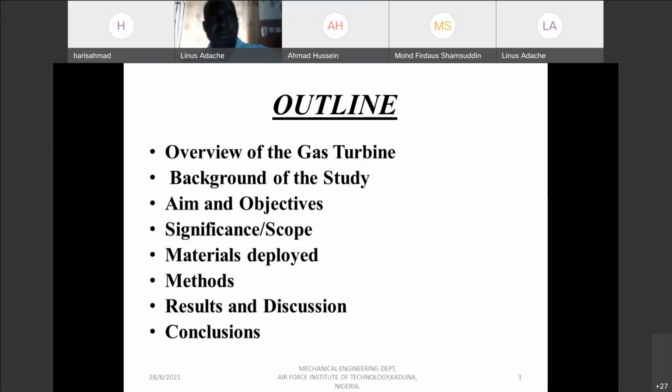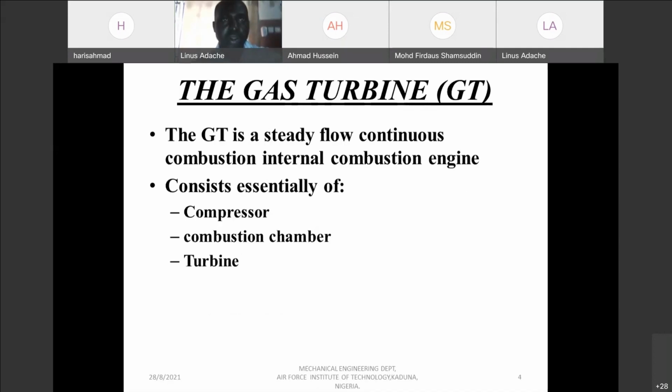Outline: overview of gas turbine, background of study, aim and objectives, significance, scope, materials deployed, method, results and discussion, and finally, conclusion.